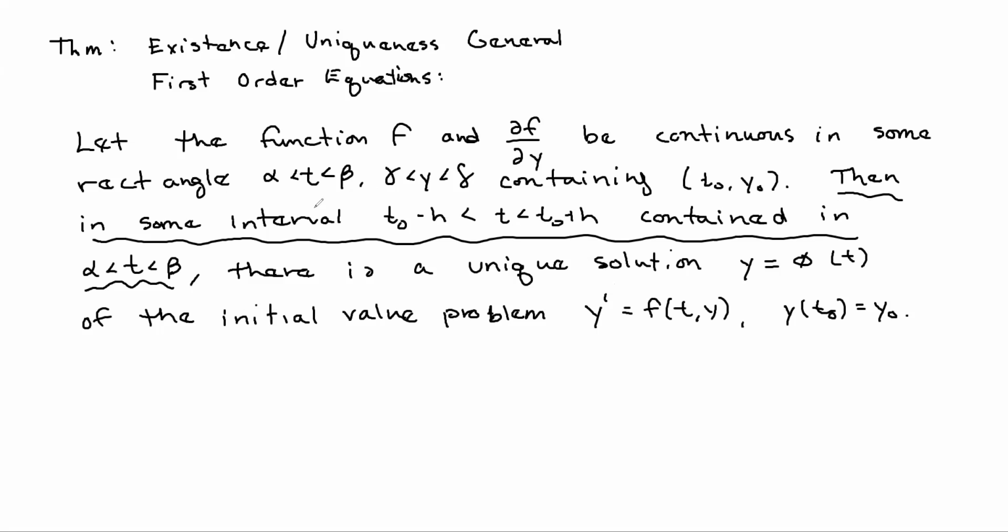That's what this is saying, that in some interval inside of alpha to beta, there is guaranteed to be a solution. Okay, so what does this theorem say?